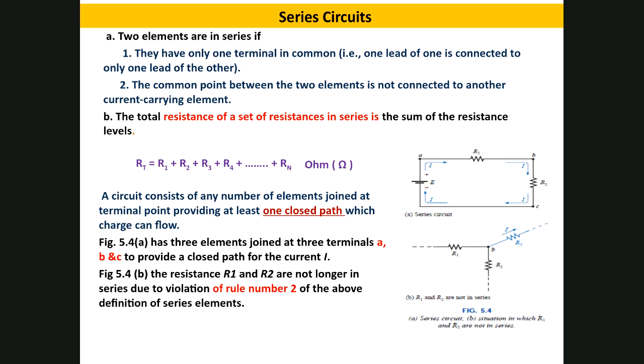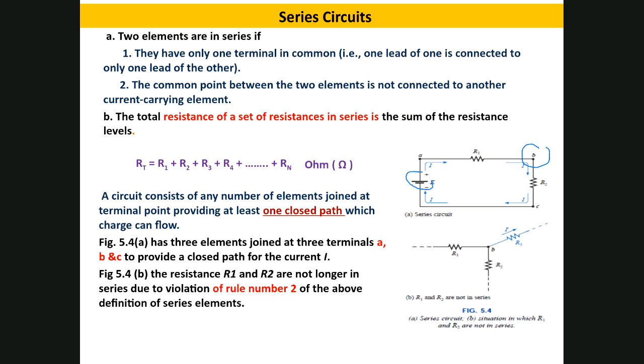For example here, R1 with R2 are connected at this point, which is B, and point A is connected to the supply and C is connected to the same supply. So what I get here is actually a loop. This is called a closed loop or closed path.